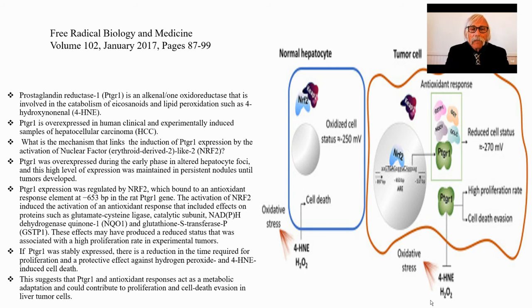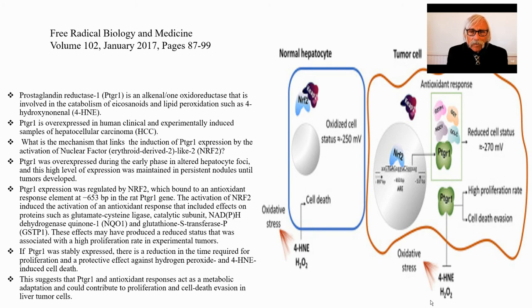So that prostaglandin reductase, the PTGR1 I just talked about, is of course an alkenal, that's an aldehyde, or an alkenone, that's the ketone, oxidoreductase, that is involved in the catabolism of those eicosanoids I just showed you, and the lipid peroxidation products such as 4-hydroxynonenal, which we talked about a month ago here in the Authentic Biochemistry series. So this enzyme, PTGR1, is overexpressed in human, clinical, and experimentally induced samples of hepatocellular carcinoma.